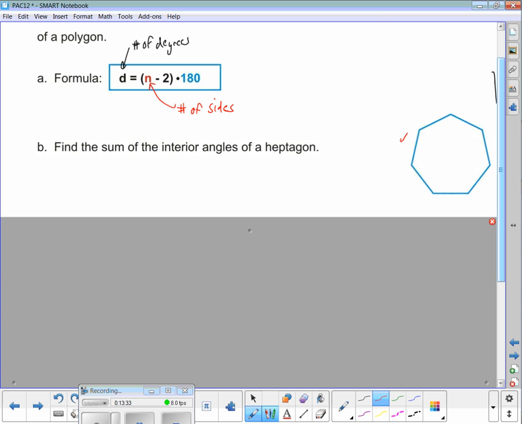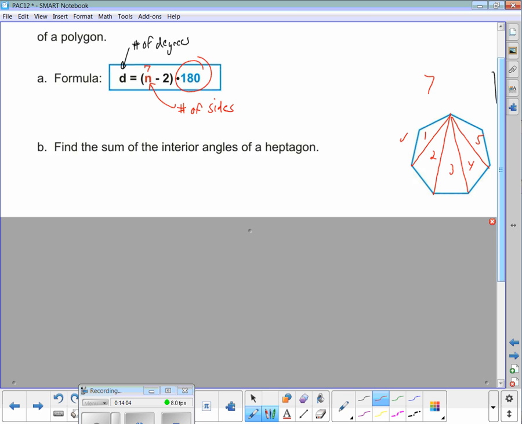Now, if I wanted to break it up into triangles, without anything intersecting, how many triangles will I end up with? So remember, this is a 7-sided figure. Watch how many triangles I have. 1, 2, 3, 4, 5. Look at the formula. What's 7 minus 2? 5. How many degrees are in each triangle?